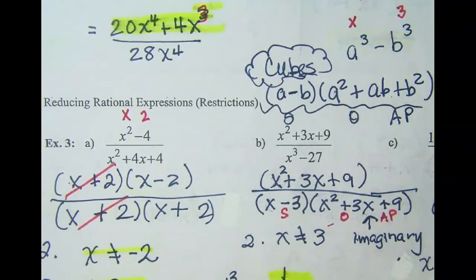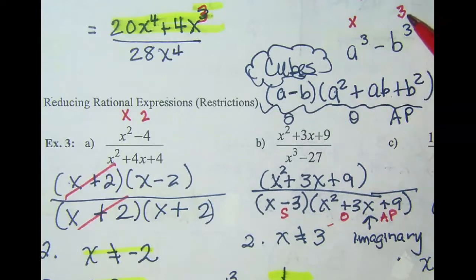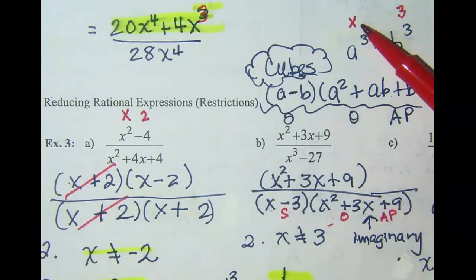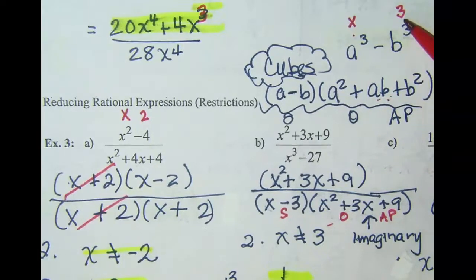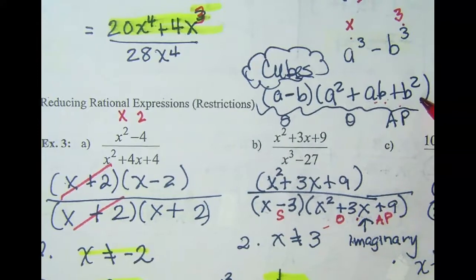Now, this is going to be a subtract b, a is x, and b is 3. So that's x minus 3. A squared, so x squared, plus a times b. A times b is 3x, and then plus b squared. B is 3, remember, so 3 squared is 9.